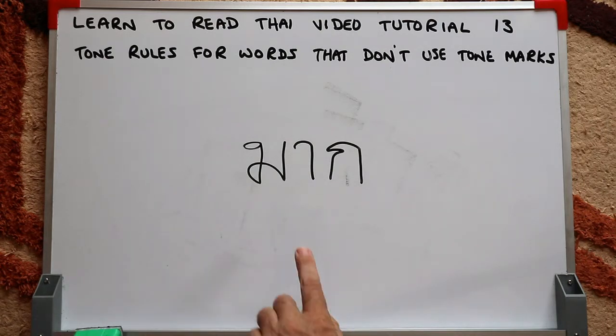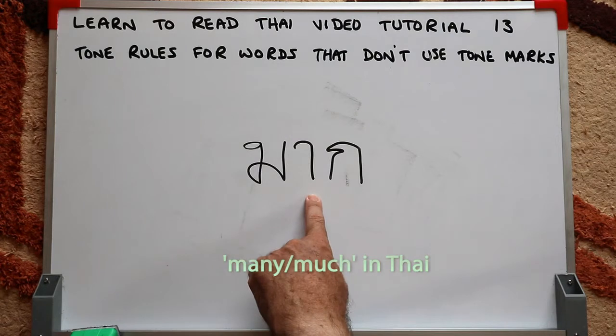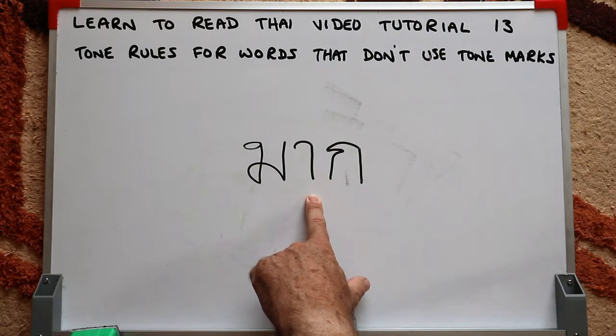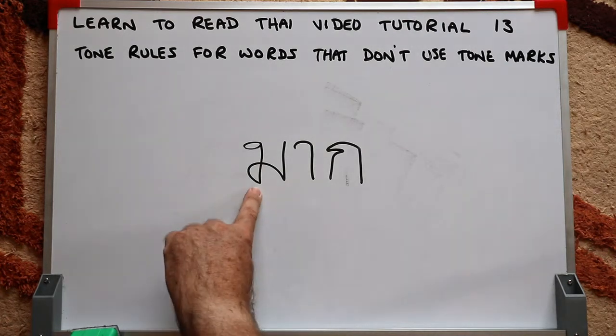Right, here we have the morma M initial consonant, then the long R vowel, and gorgai, the final consonant, makes a K sound. So we have a low class initial consonant.